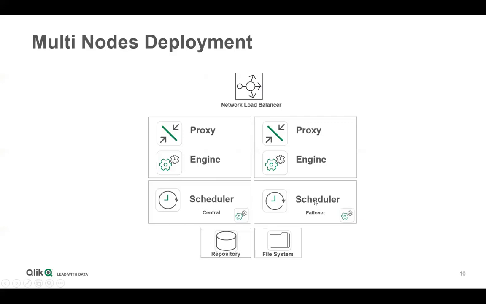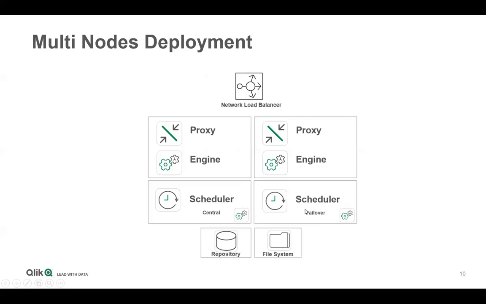So we have 2 scheduler nodes. Here we have 1 central node, and we also have 1 failover candidate. That means even if the central node is down, the failover candidate will be able to pick up after 5 minutes. Because this is the failover, it has all the services, so it's scheduler-enabled as well.